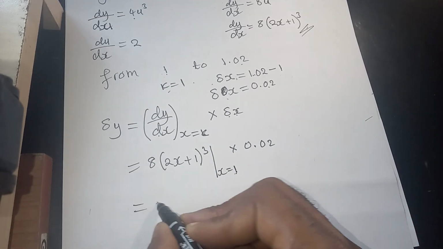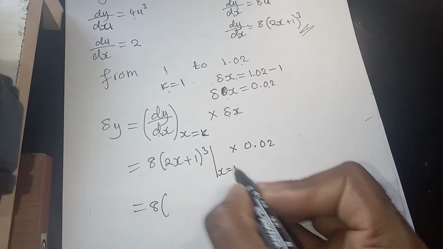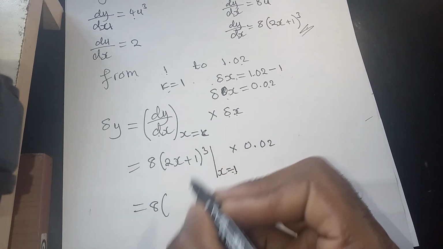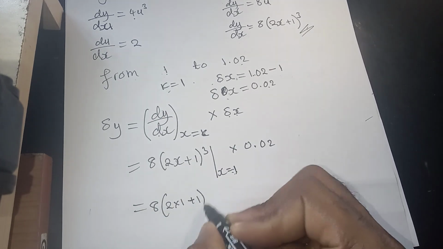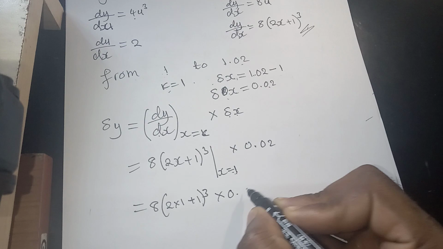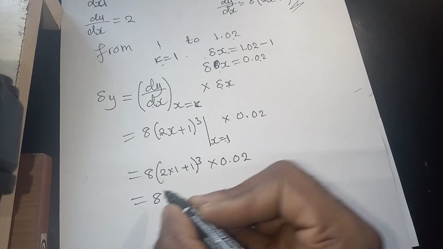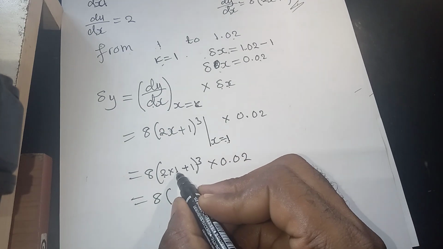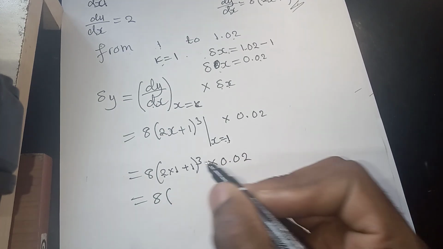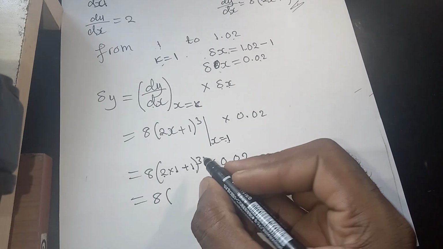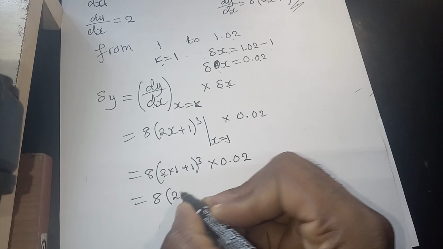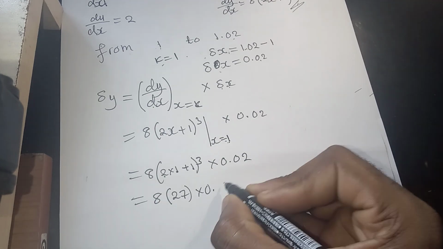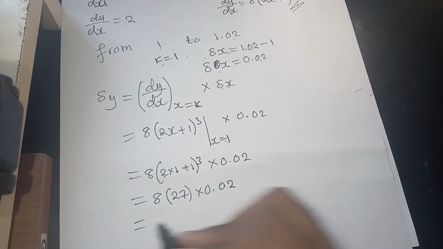So now from here you just simplify your work. You can substitute the 1 in there, so you have 1 times 2, which is 2. So you have 8 times (2 plus 1) raised to the power 3 multiplied by 0.01. And then this times this is 2 plus this, that's 3, and then 3 to the power 3 is 27, multiplied by 0.01.